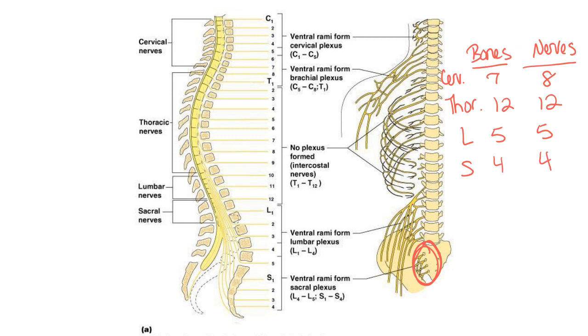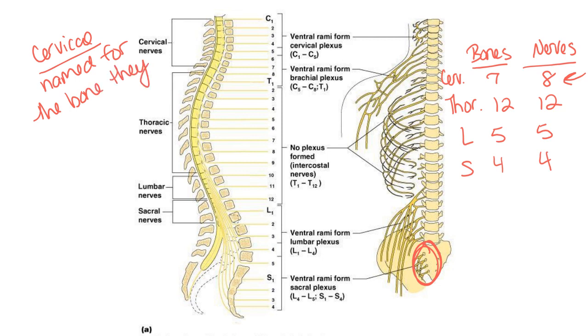Okay, so where it's wonky is in the cervical region. My cervical nerves are named for the bone they exit above. So for instance, this C1 nerve that's coming out right here, this is the C1 bone.